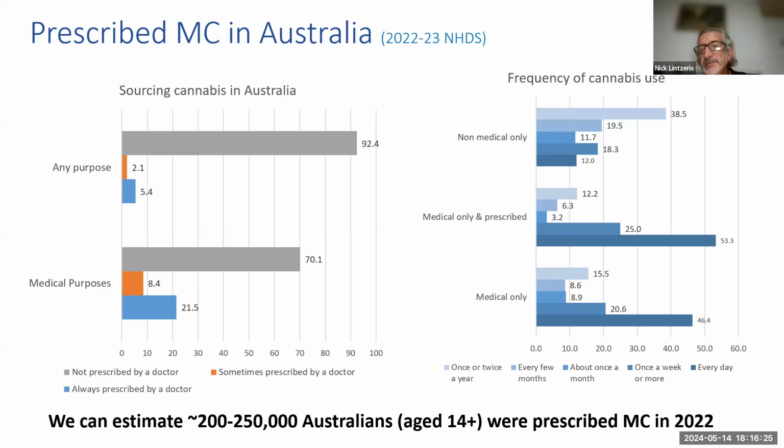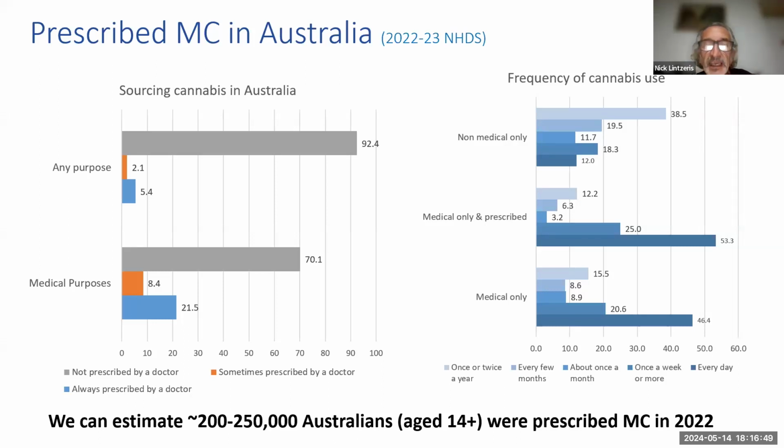However, look what happens when people are using it for medical reasons, where much higher proportions are using it either several times a week or every day. So about half of the people using it for medical reasons report using cannabis on a daily basis. So there's quite a bit of a difference there in the patterns and profiles of use according to medical versus non-medical use.